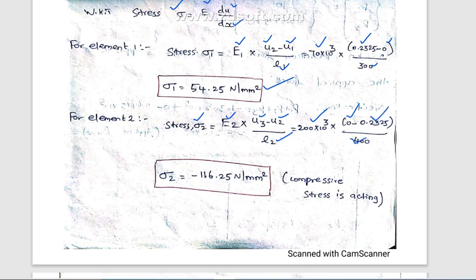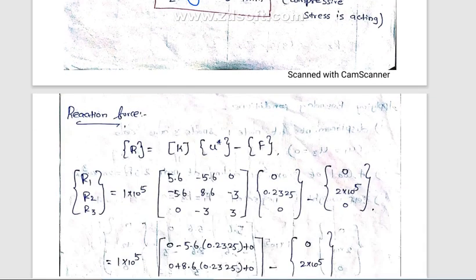Finally, sigma 2, the stress for element 2, is minus 116.25. This minus represents that a compressive stress is acting in element 2, while in element 1 a tensile stress is acting.